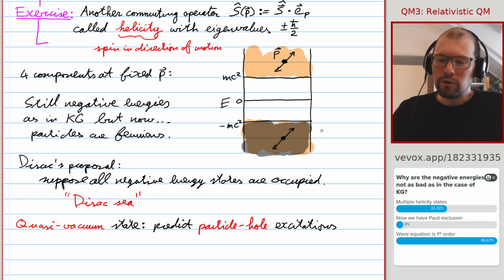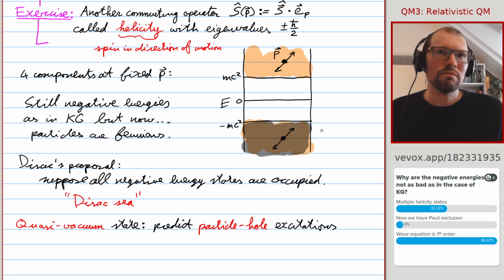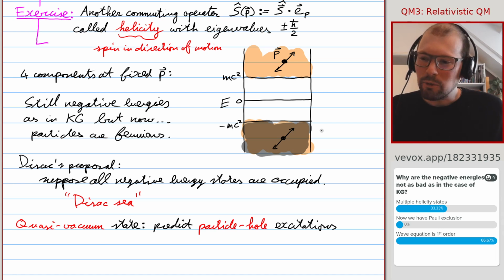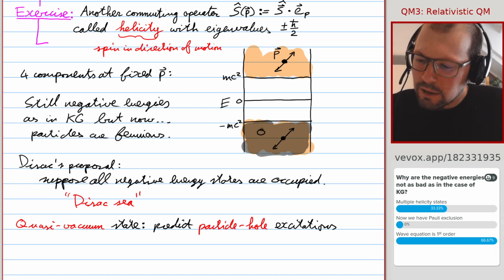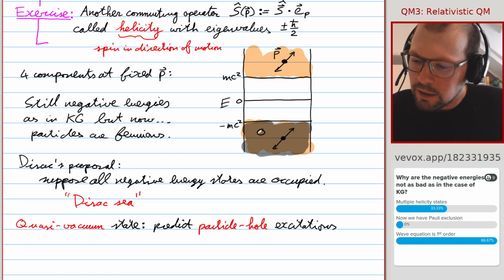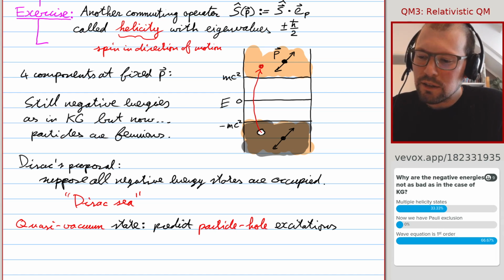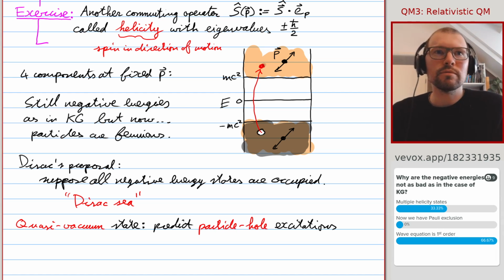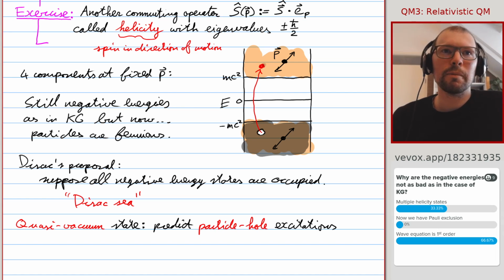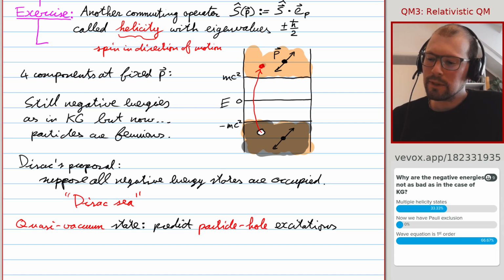Meaning that if all these states are occupied, then sometimes it can happen, for instance if you put some thermal energy in the system, that one of these particles jumps to a positive energy state. Right?